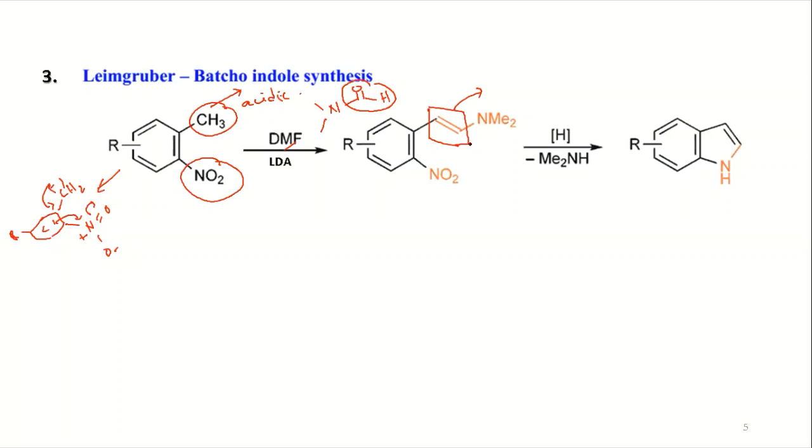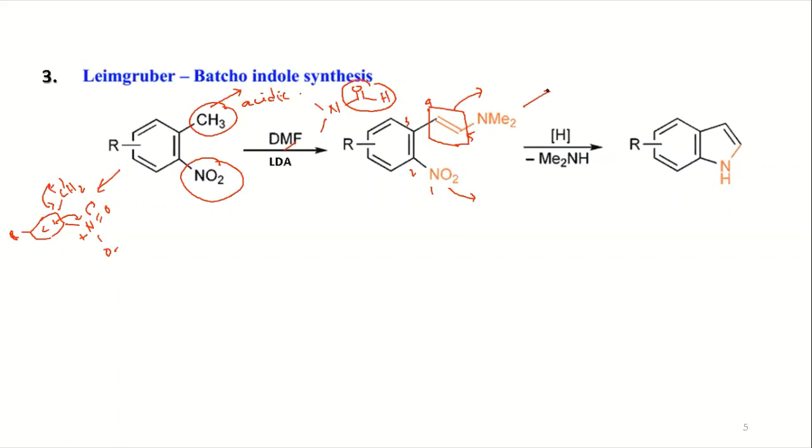Now what is your job? Your job is to make the C-N bond formation, because you have already 1, 2, 3, 4, 5. Okay, so you just need the C-N bond formation. Nitro is not nucleophilic, so what you have to do is reduction.